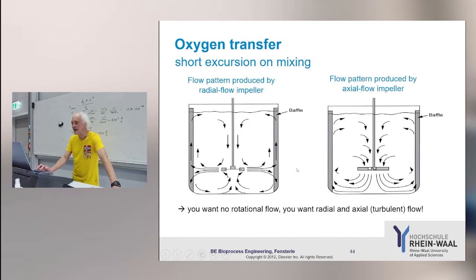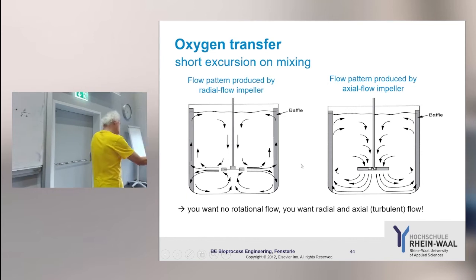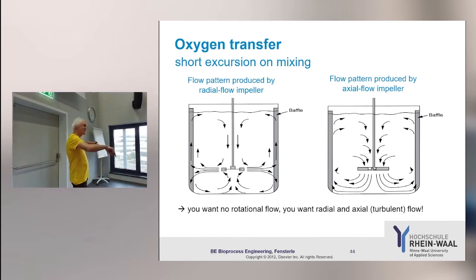And then, depending on what impeller you use, you can generate different flow patterns. So this is the typical flow pattern you get with a radial flow impeller, where the baffles are like this. You press the liquid to the sides, the baffles disturb it, and then you have a rotation.